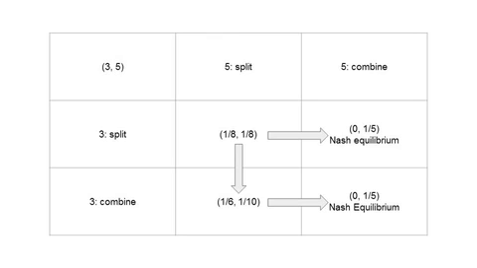In the 3-5 case, the Nash equilibrium will be held at the combined split case, which means that the party of 5 will have an election among themselves first, and the other party has no strategy to avoid this.